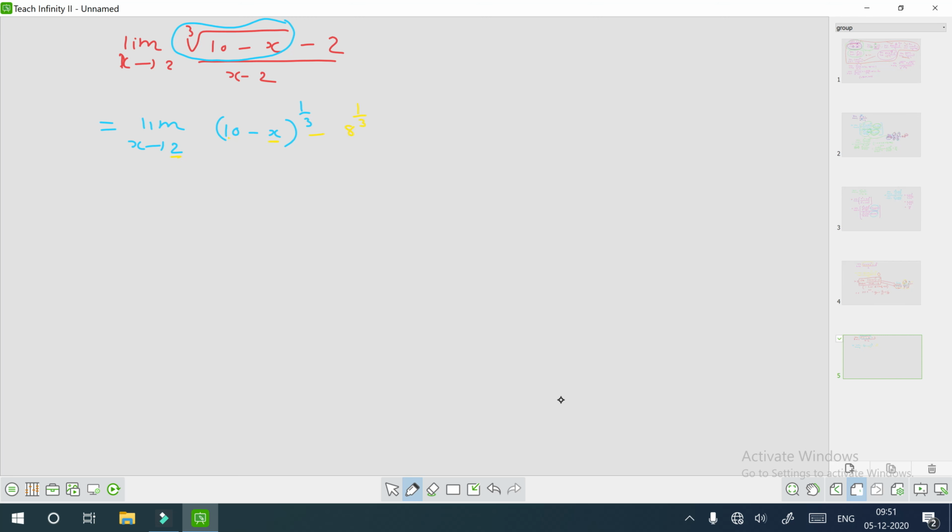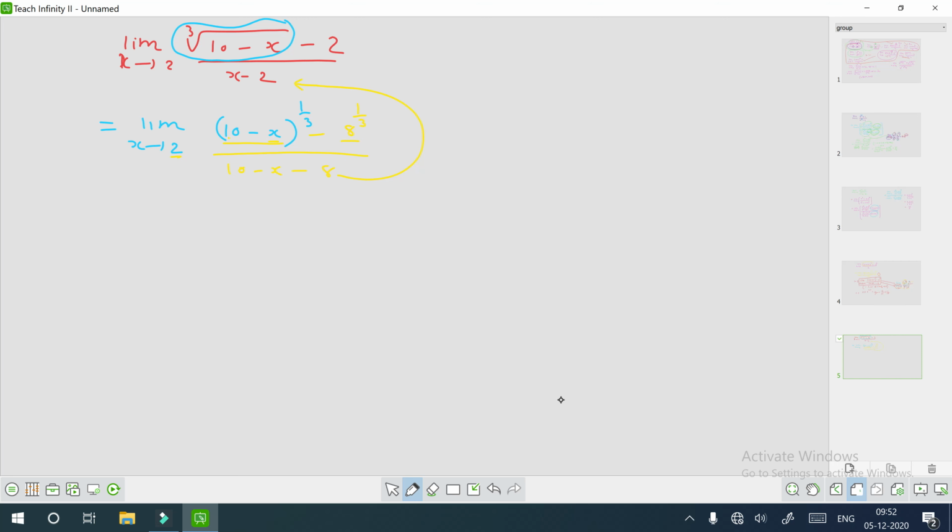Now it is variable raised to n minus constant raised to n over what do we need? We need variable minus constant. So variable minus constant, if we simplify it, what do we get? X minus 2. Clear?